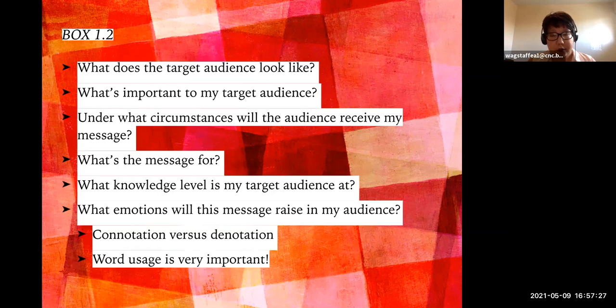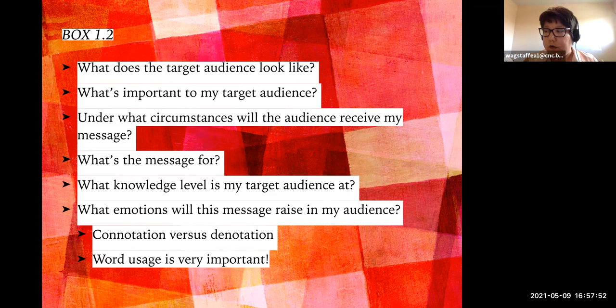For example, I will give you two different phrases. The first one is butt dial. The second one is booty call. Butt dial and booty call both have the same denotation. The connotation is very different.